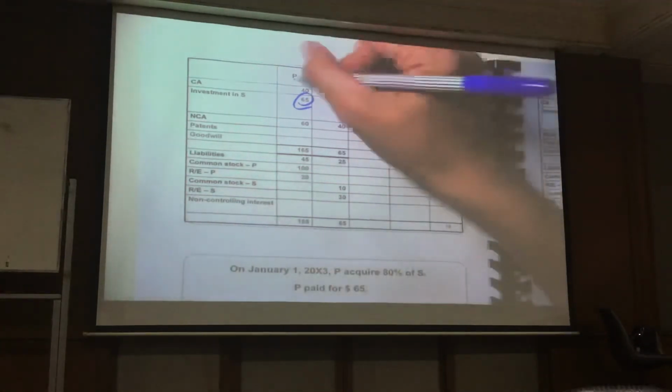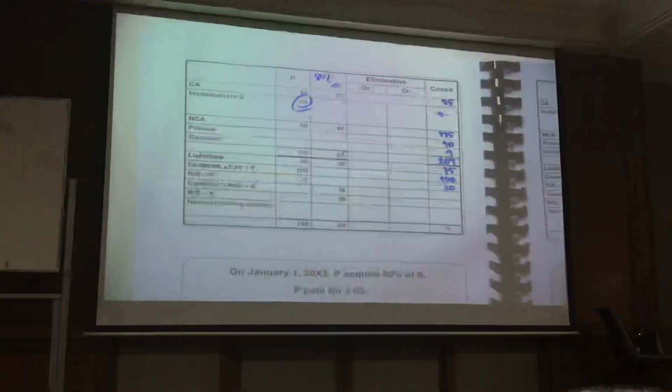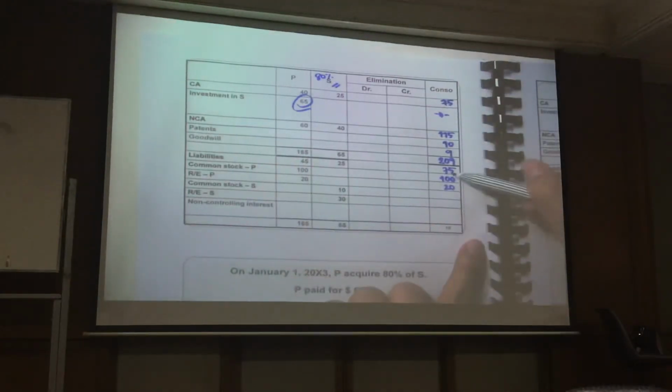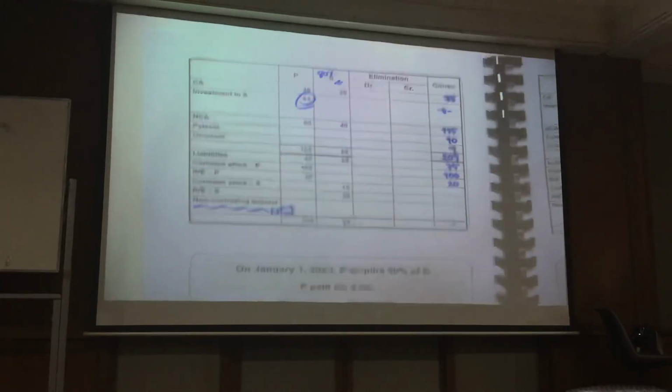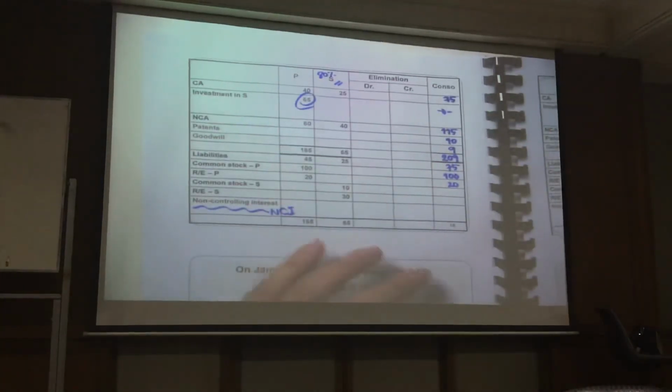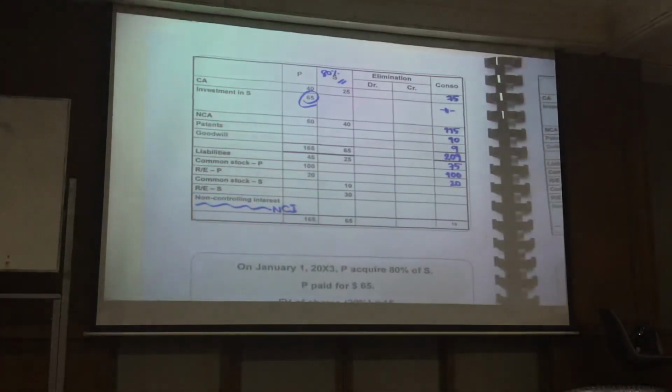You hold this for 80%. Look, liability plus equity, you got only 195. So you miss one person. Who's that? NCI. NCI is the share of the ownership in here. How much is it for NCI?